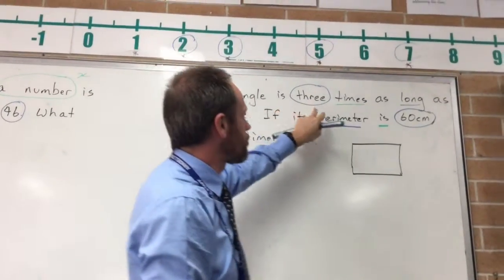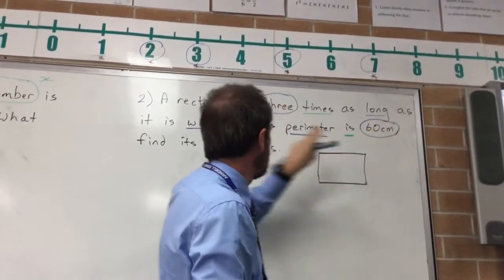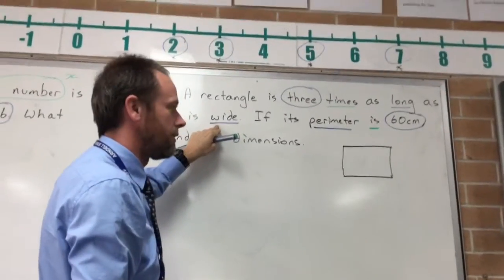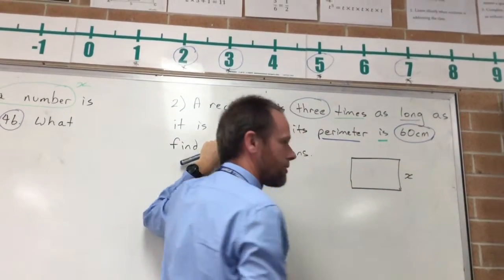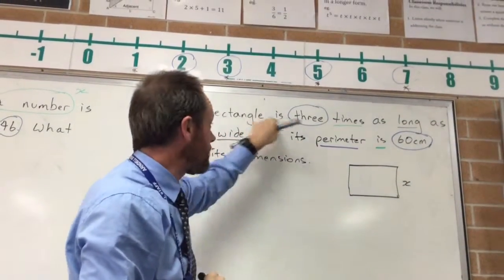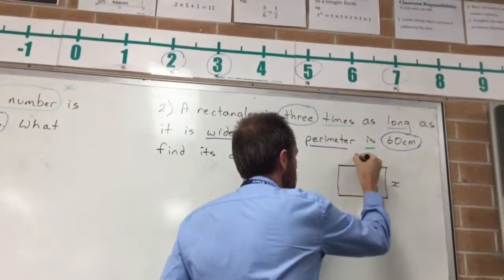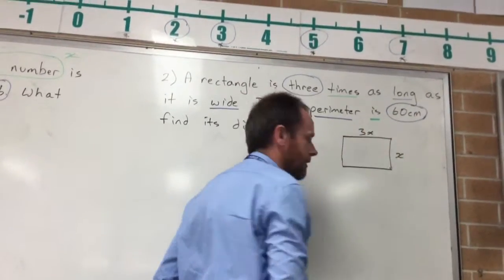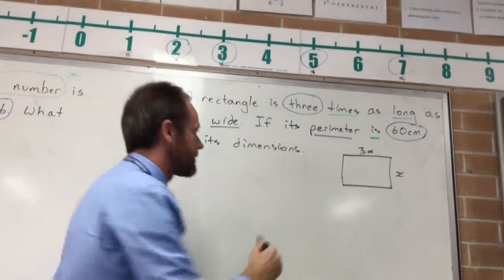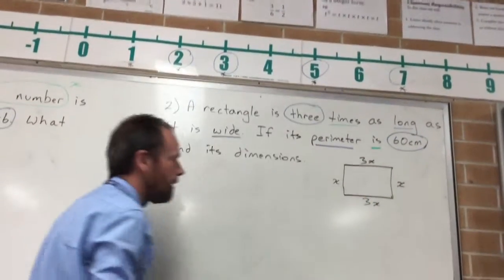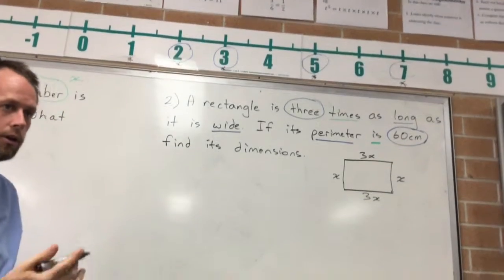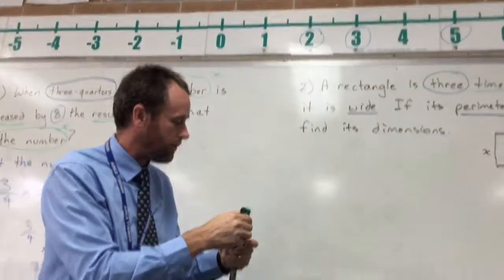The rectangle is 3 times as long as it is wide. Well, let's let the width be x. If it's 3 times longer, that means that's 3x. Because it's a rectangle, we know this must be x as well, and this is 3x. Hopefully now, we've got a bit of an idea of what we've got.